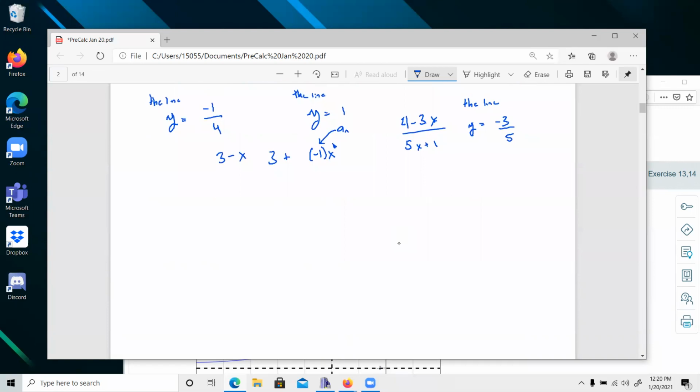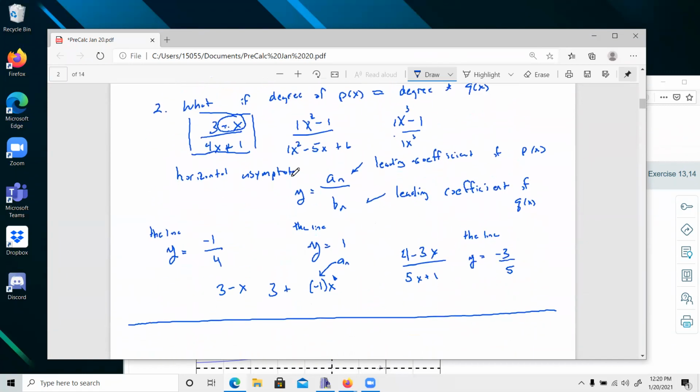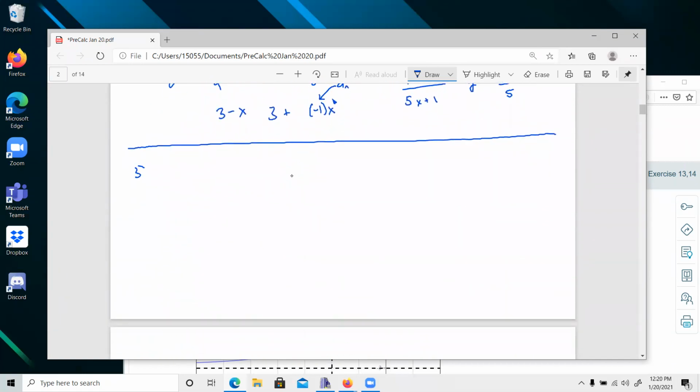Okay, so next, we're going to have case 3. This is the fun one, by the way. What if the degree of p of x plus 1 is equal to the degree of q of x?